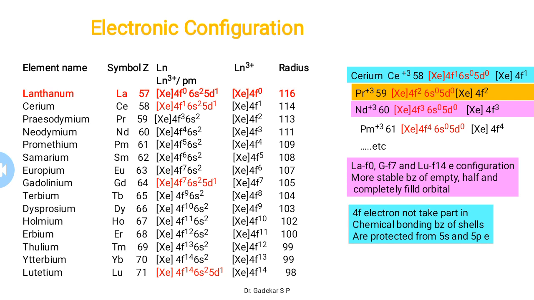The filling of f orbitals is not regular. Why? Because the electronic configuration involves the moving of a single 5d electron into the 4f cell.